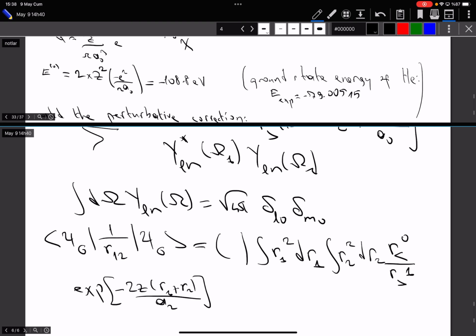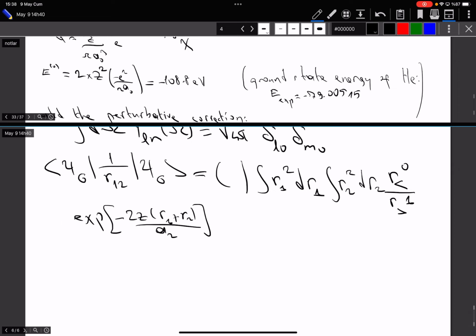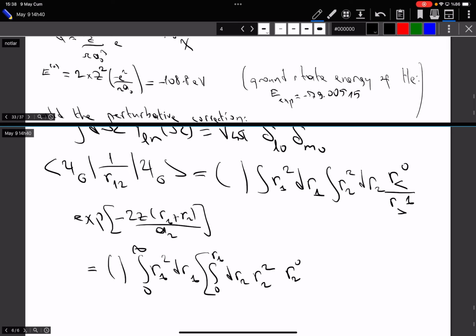Now I just need to take the radial integrals. Then this overall constant, R1 squared dr1, R1 goes from 0 to infinity. Well, let's separate the R2 integral from 0 to R1. Within this integral, R2 is smaller than R1, so R small is R2, R2 to the power 0 divided by R1 to the power 1.